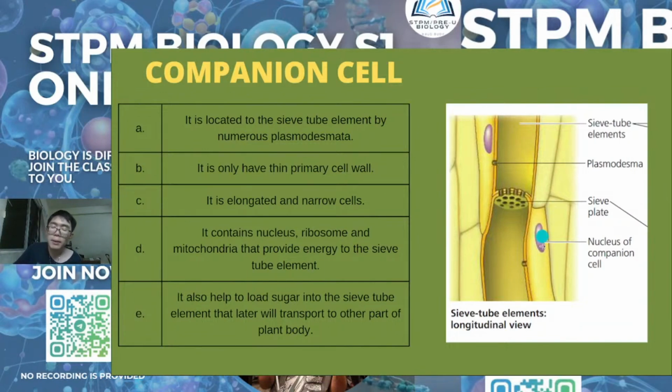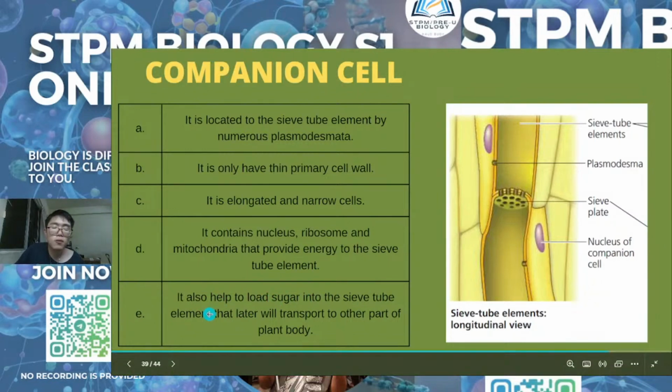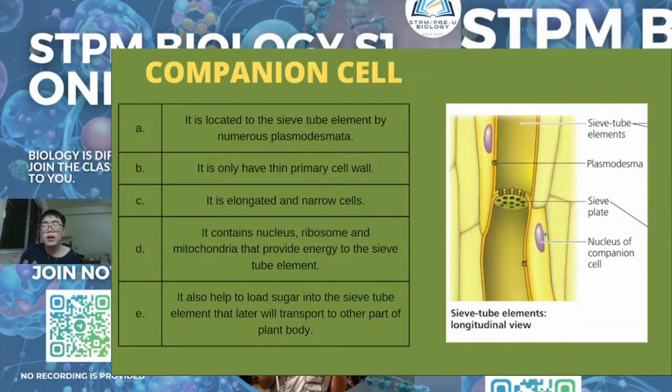So this companion cell provides the energy to the sieve tube element so that the sieve tube can transport all the organic nutrients. It also helps to load the sugar into the sieve tube element, which later will be transported to other parts of the body. So the main function of the companion cell is to help the sieve tube transport nutrients.